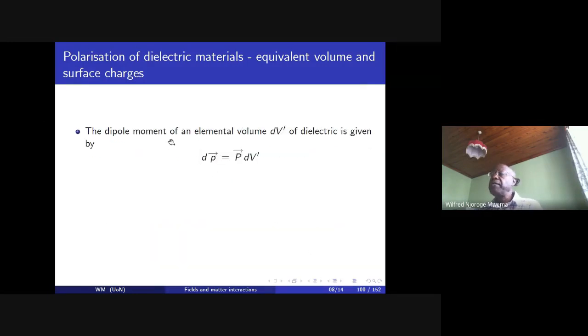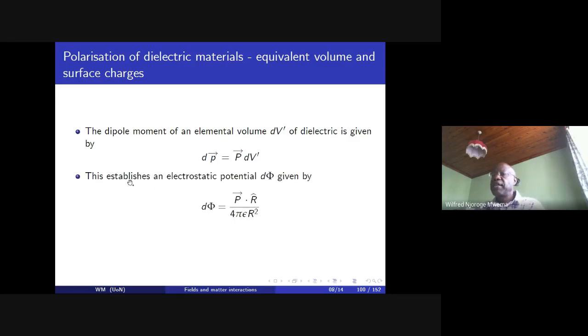So the dipole moment of an elemental volume of dielectric dV prime is then given by dp equal to P multiplied by dV prime, because we know this is dipole moment per unit volume, and that is the total dipole moment.